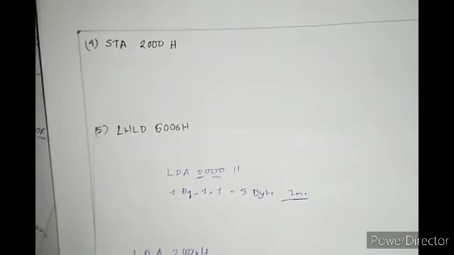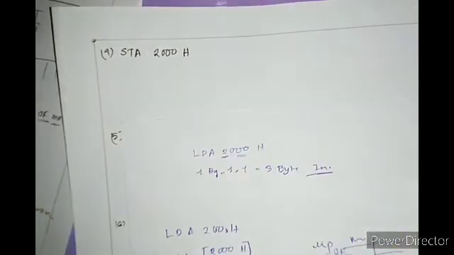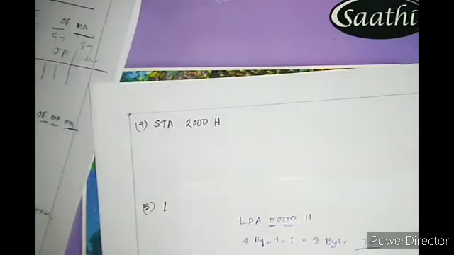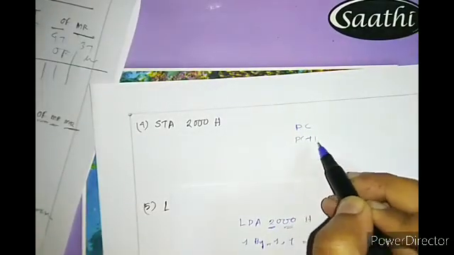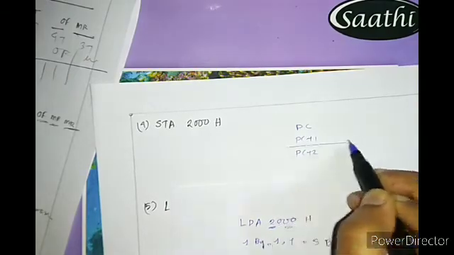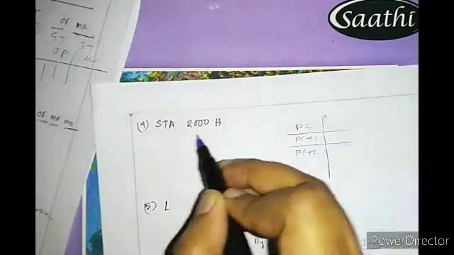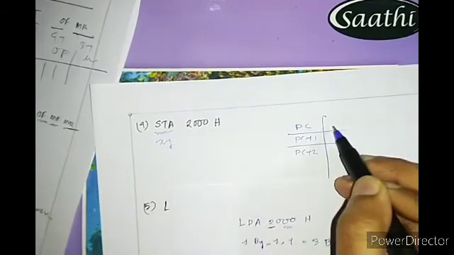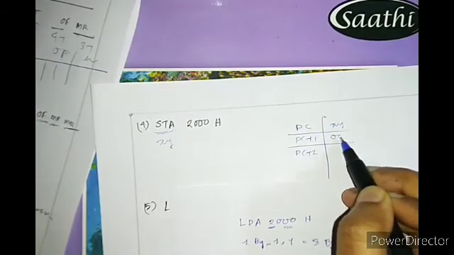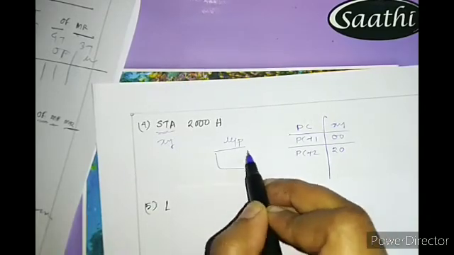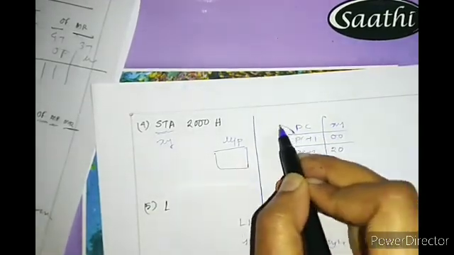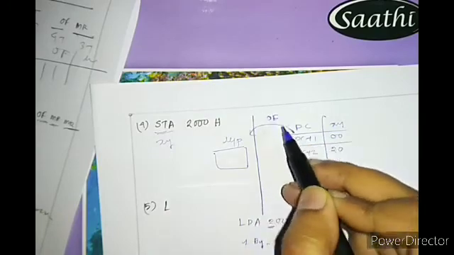Here what you have to do: first it's a 3-byte instruction, so PC plus 1, PC plus 2. For STA, let's say XY is the opcode, then 00 20. This is my μP. First fetching is over, OF.